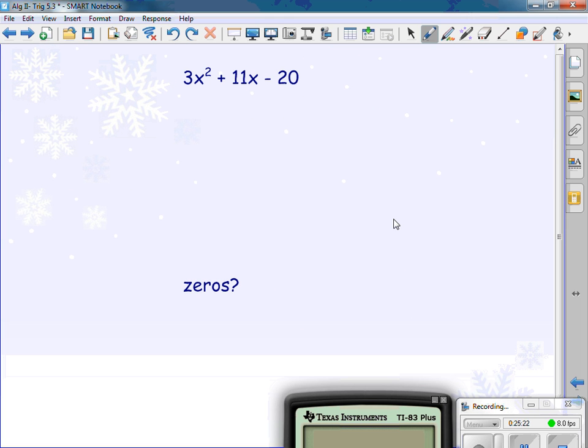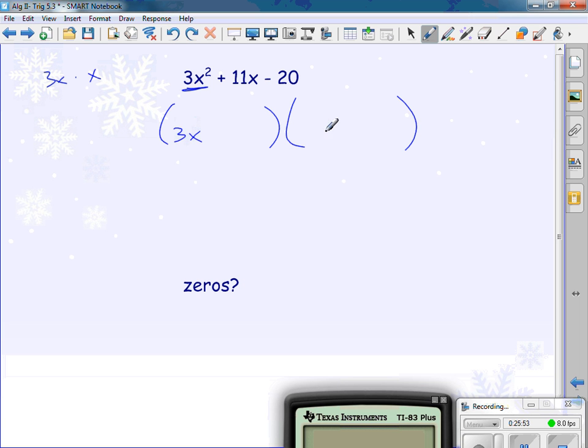How about this one? I have 3x squared plus 11x minus 20. The only way I can get a 3x squared is a 3x and a 1x, right?